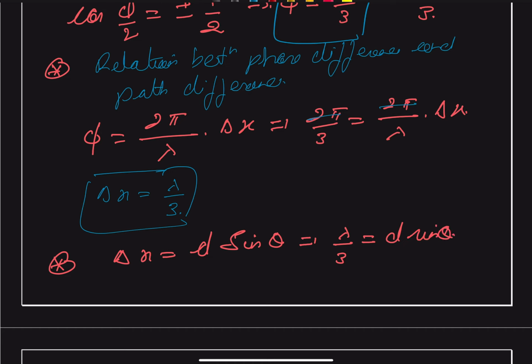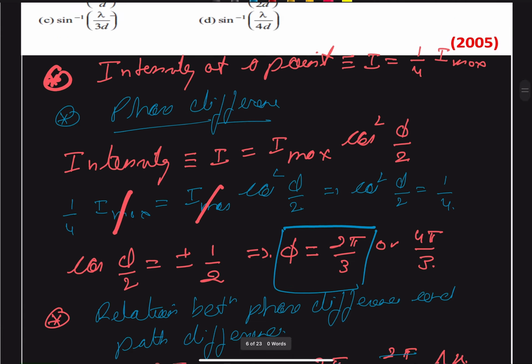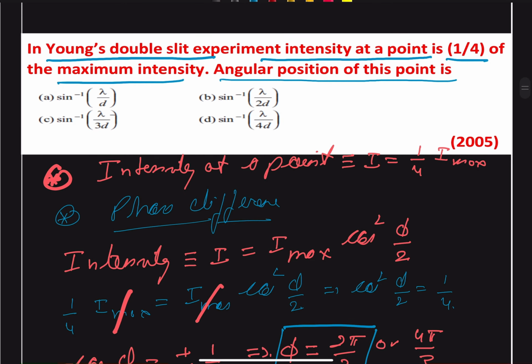This gives us that sine of theta will be equal to lambda divided by 3d, and gives us that theta is equal to sine inverse lambda divided by 3d. So therefore option number C is the correct option.